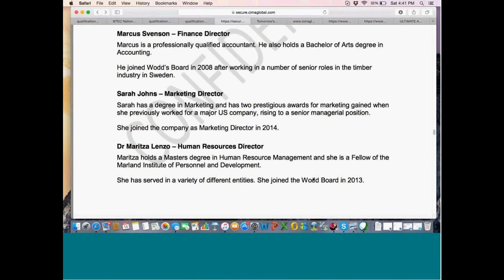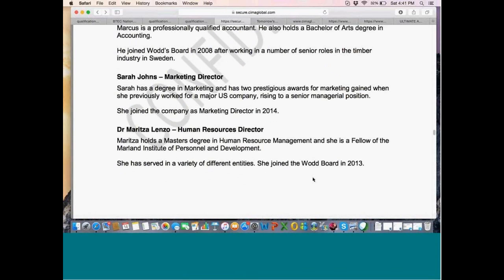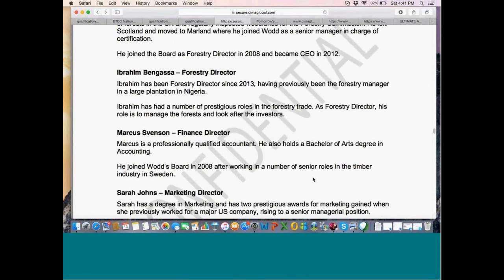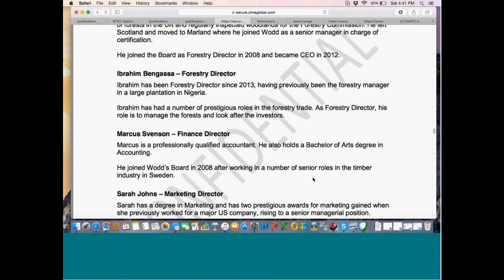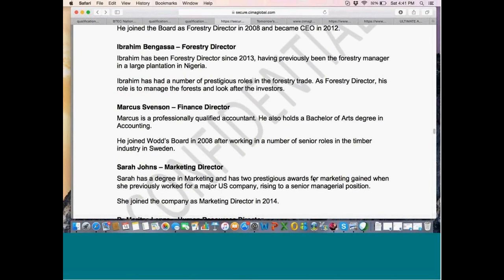Sarah Jones, the marketing director. Everybody else has got some link to the country of Maryland, some level of experience, but she's the odd one out. She's a recent appointment. An audit committee led by non-accountants, there are no accountants.